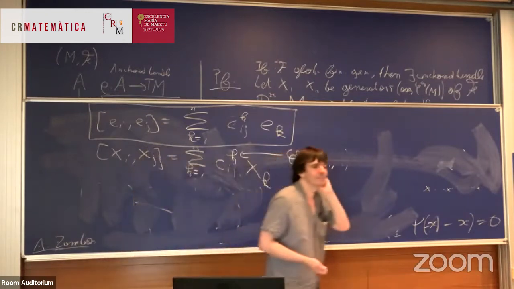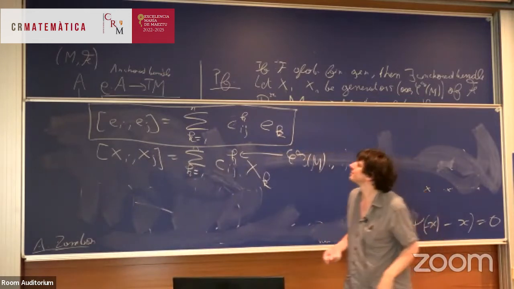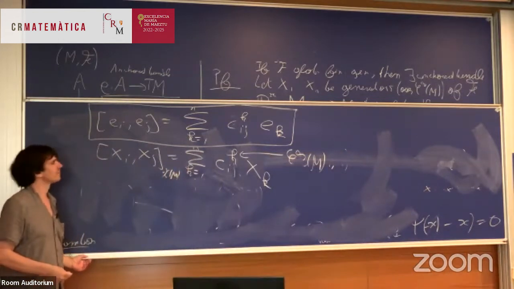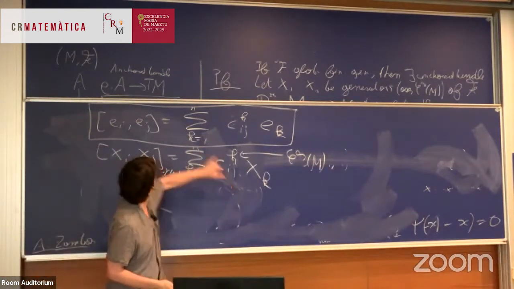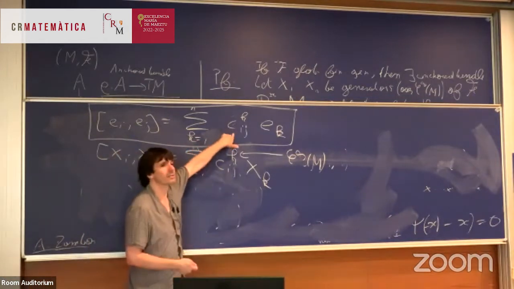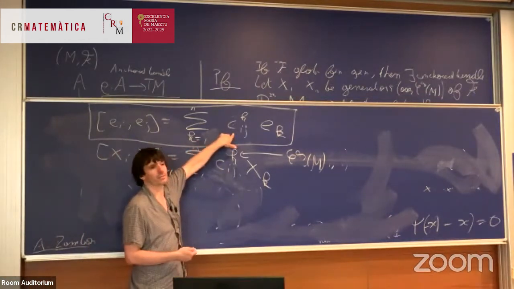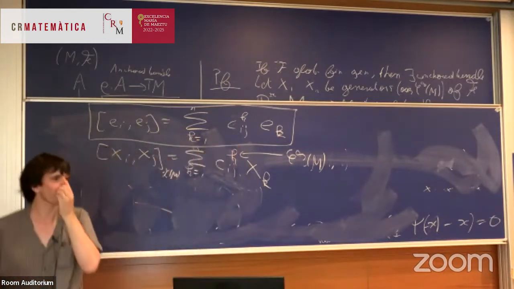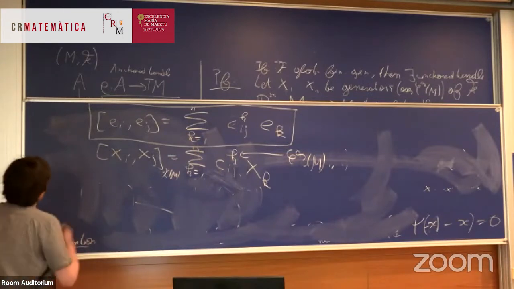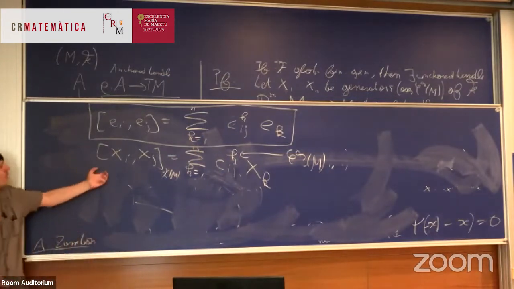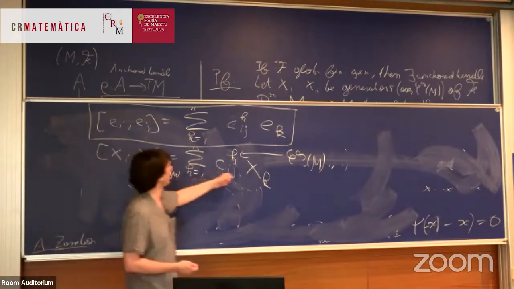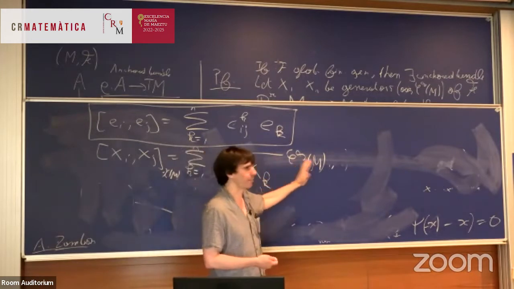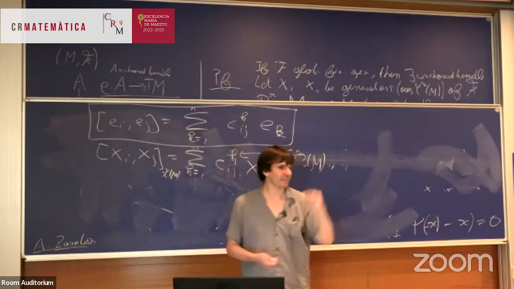What is the bracket that you have over there? Is that the usual bracket of vector fields? Here, yes. That is skew-symmetric, right? Yes, but if I then define the bracket abstractly like this, does it need to be skew-symmetric? Exactly. I'm just using the axioms of a singular foliation. I take x_i and x_j, it's a linear combination of these guys with some coefficients, and I have no condition on these coefficients, a priori.